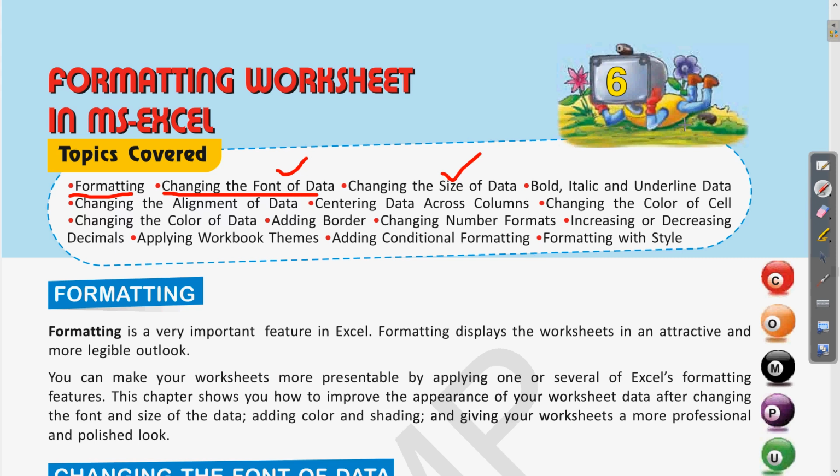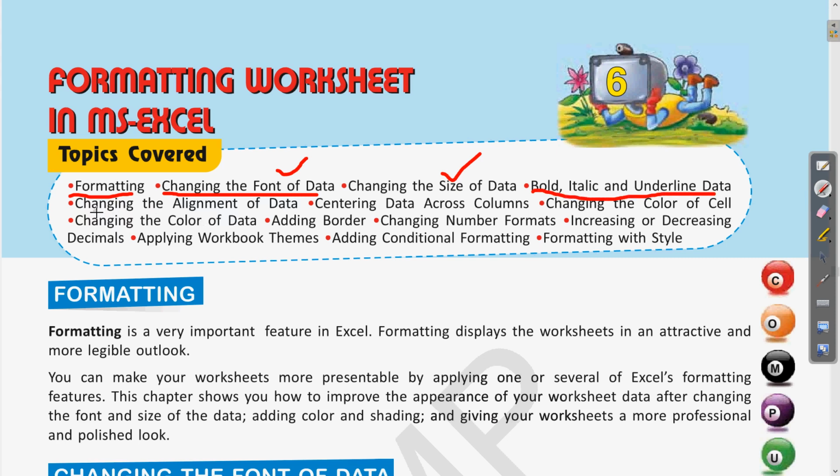Then bold, italic and underline, so this we already know. Bold means something which is appearing thicker. Italic is a little bit tilted, and if we want the data to be underlined, so this we will see step by step, we will see all of these features.